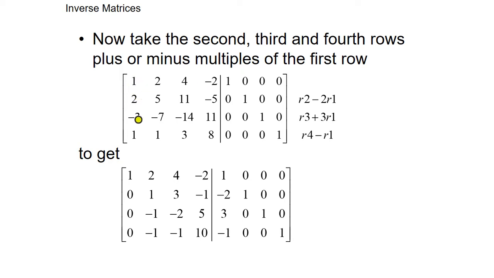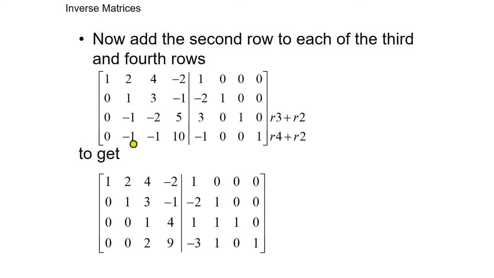Row 3 we'll replace by row 3 plus 3 times row 1 to give us a 0 in this position. And then we'll take row 4 and replace it with row 4 minus row 1 to get a 0 here. You see, we get zeros here. The entries in the rest here change, and we get non-zero entries here. So that's our first set of row operations.